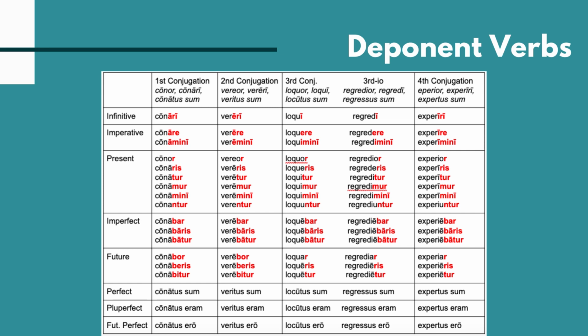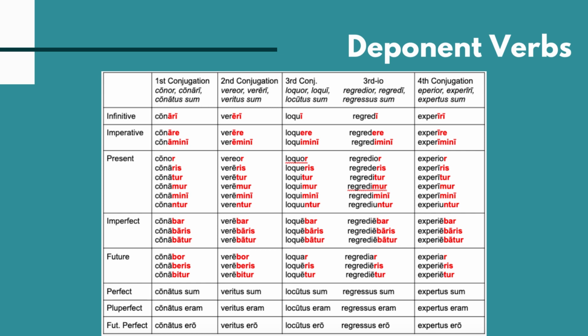Down you have the present, right? Same thing. You're going to the infinitive, you're dropping the ri, and you're adding your ending. So instead of o, s, t, mus, tis, nt, you have or, ris, tur, mur, mini, ntur. That's what we learned for present tense passive voice. It's the same thing, which is why Ecce puts this chapter after you've learned passive voice. That way it's easier for you to do, and hopefully you remember it. Okay, so we're just using the passive endings. Same with imperfect.